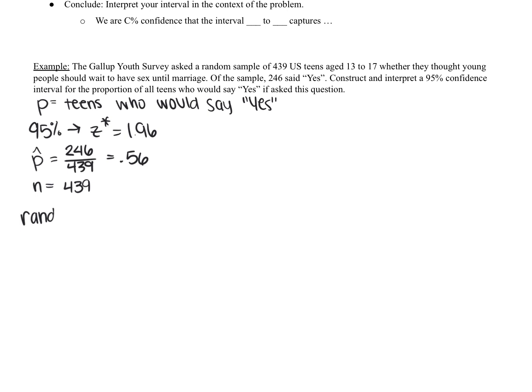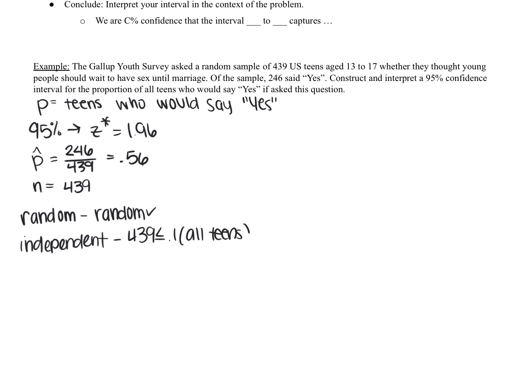Okay. Now I'm going to check my conditions. So the first one I'm going to check is random. And it does say we took a random sample. Next, I'm going to check independent. So my sample of 439 has to be less than or equal to 10% of all teens, which there's at least 4,000 of those, so we're good there.